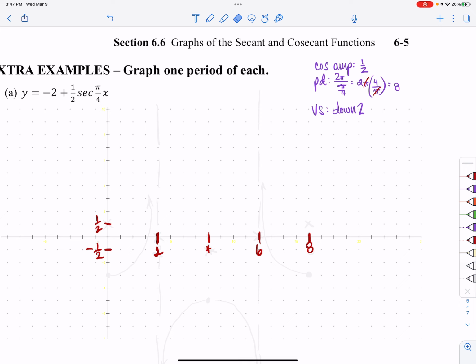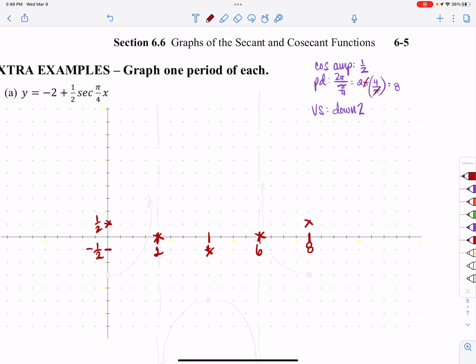All right, so let's go ahead then and map out our cosine major values. So we remember that cosine is going to start at a max, and it's also going to end at the max. Cosine middle becomes the minimum. And then I have x-intercepts at the 2/4. So now I'm ready to shift.